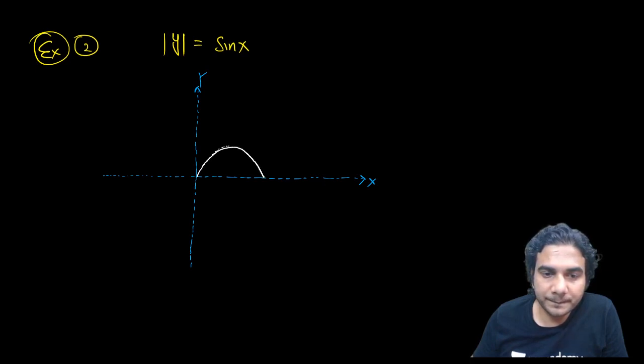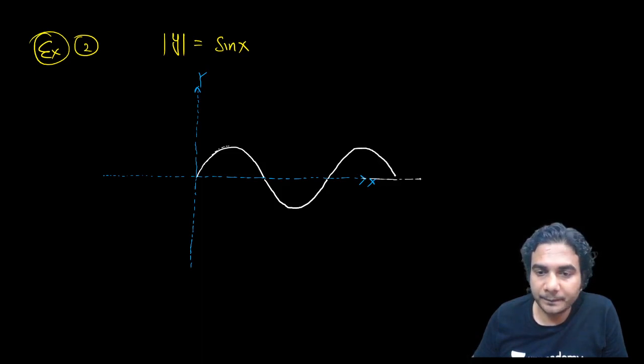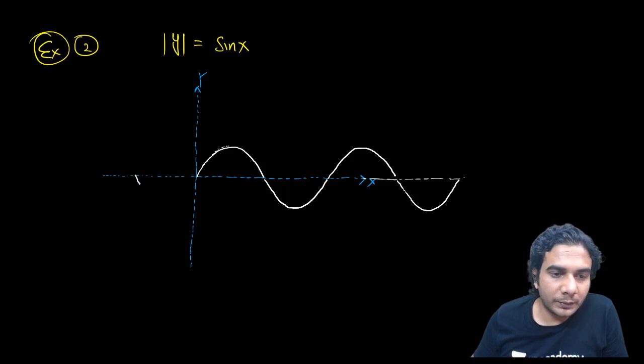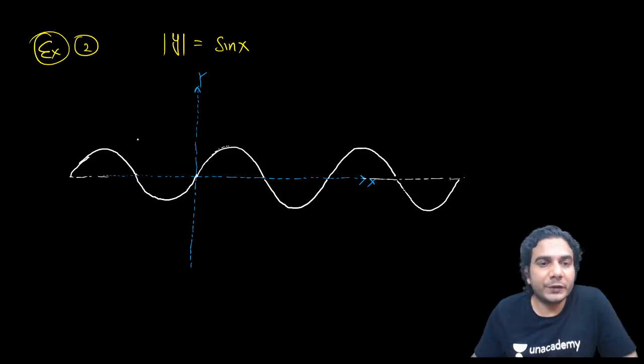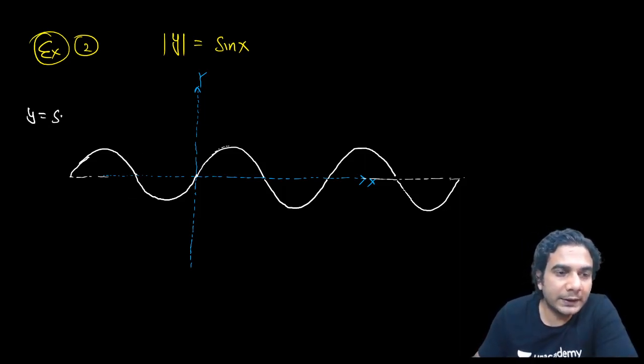This portion and this portion, then above x-axis again, then below x-axis again. Here also below x-axis, and then above x-axis, like this. So this is the graph of y is equal to sine of x.